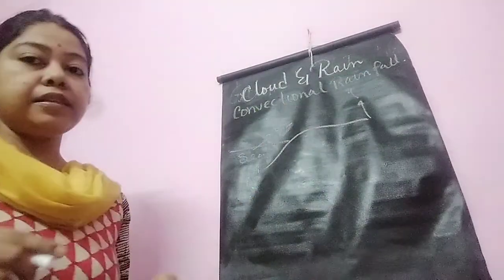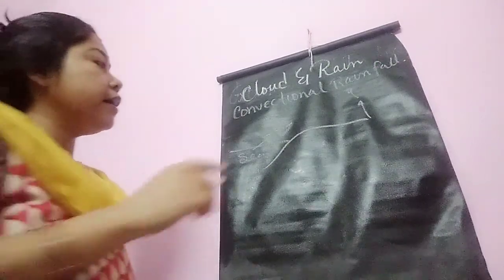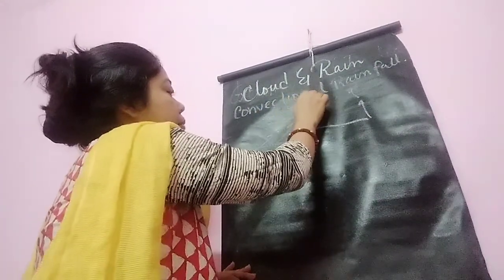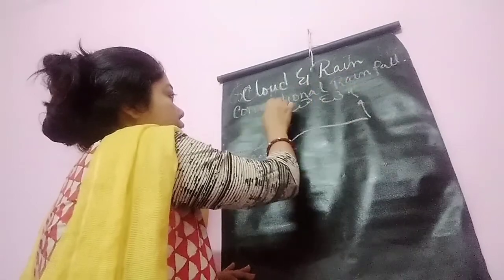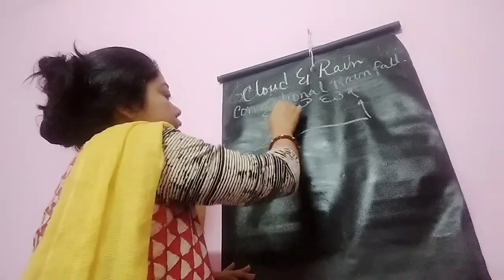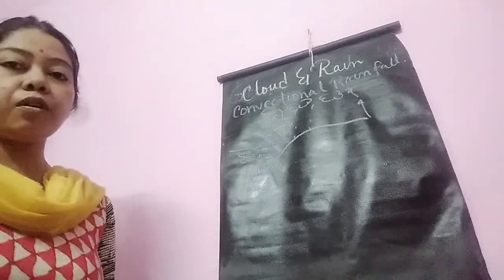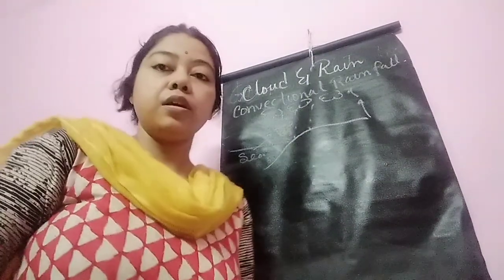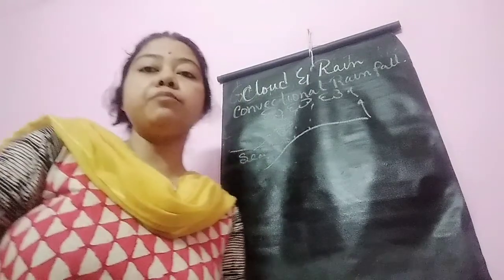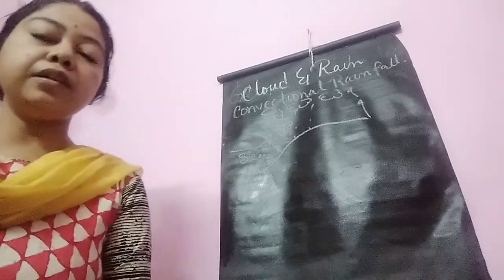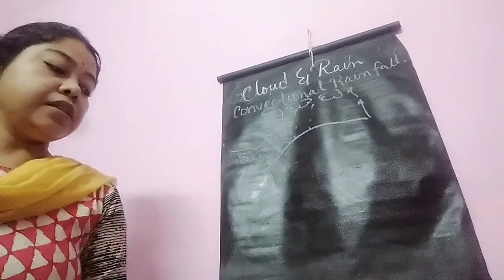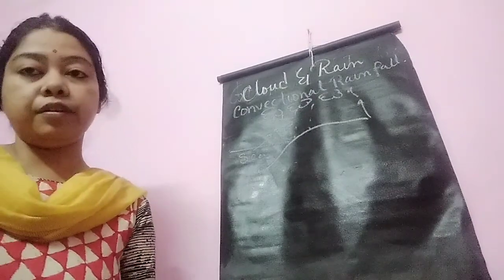As it goes into the higher atmosphere, it comes in contact with the cold air where condensation happens, and after condensation clouds form. These clouds become too heavy and come down on the earth as rainfall. It is called convectional rainfall.